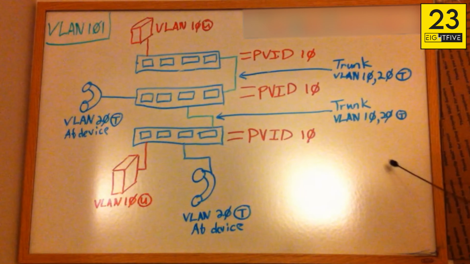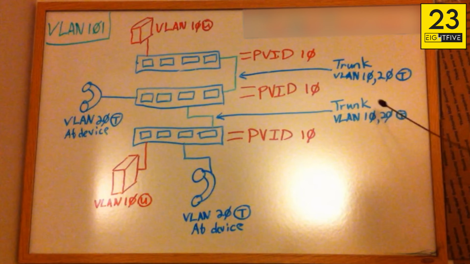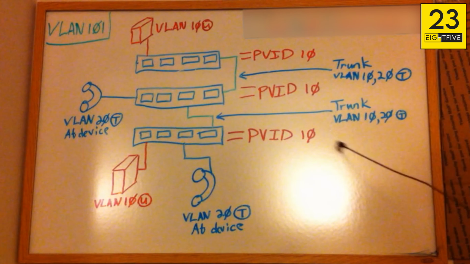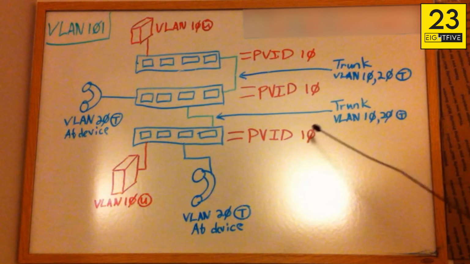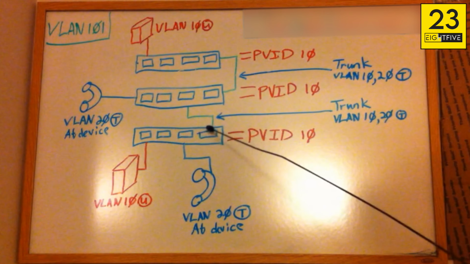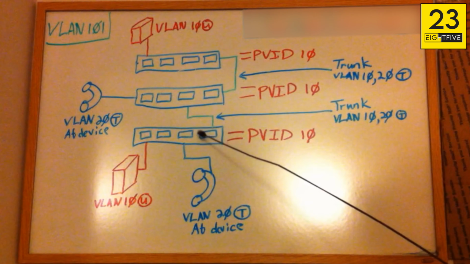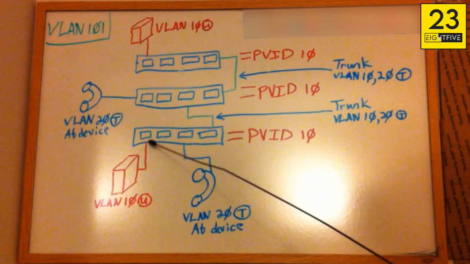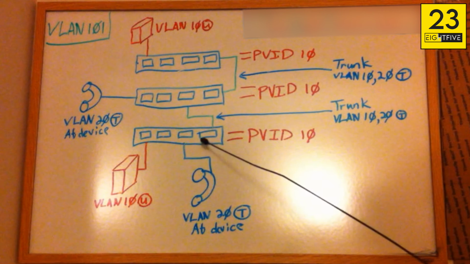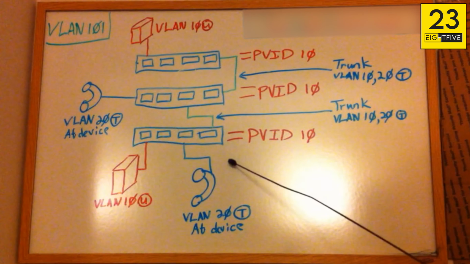Depending upon which switches you're working with, this can be a trunk, it can be a lag, also known as a lag group, or it can just be an uplink. For simplicity, I'm just going to go with trunk here, just to give you a quick understanding of how this works. This trunk on port 4 was the only one I didn't go over when I was explaining what's tagged and untagged, because on a trunk port, you need to tag all VLANs.